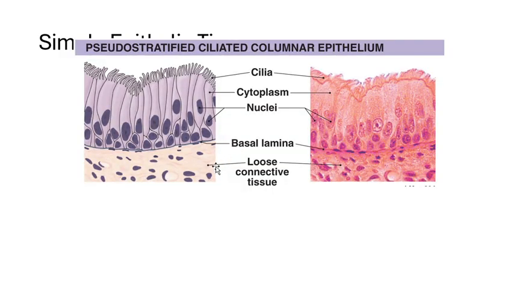You can see here the pseudostratified ciliated columnar. All cells are connected to the basement membrane, but when we look at it, it looks like a multi-layer, but it's lying and it's false. Because of that, we call it pseudostratified.